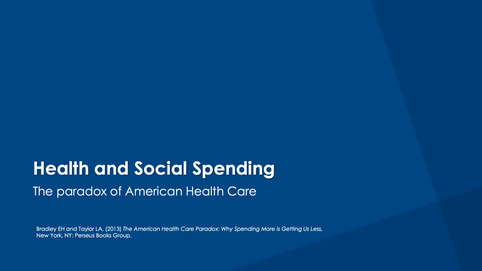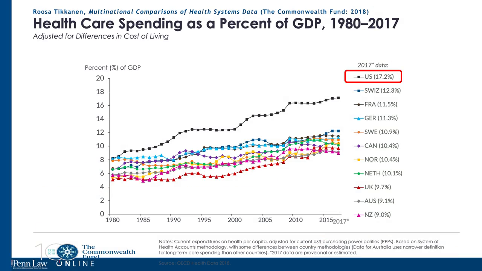This is important because it's indicative of the counterintuitive relationship between the healthcare system and population health outcomes in the United States. I've termed this segment of the lecture the American Healthcare Paradox, and in doing so, I draw upon a book of that name by Elizabeth Bradley and Lauren Taylor. The starting point for their analysis of the US healthcare system and healthcare spending is its size.